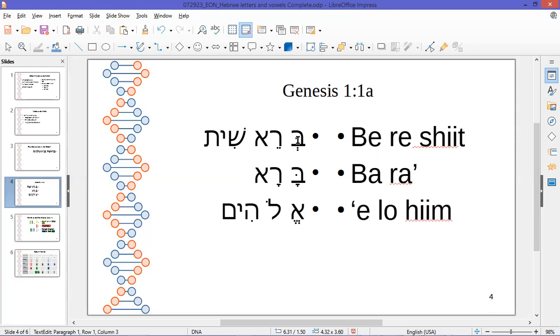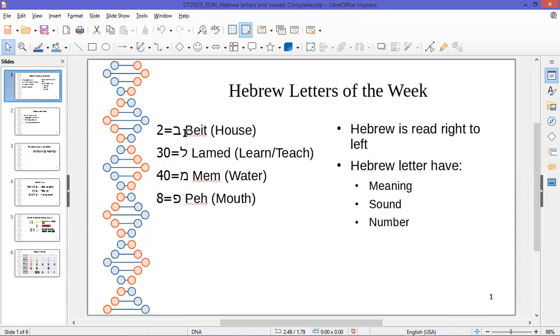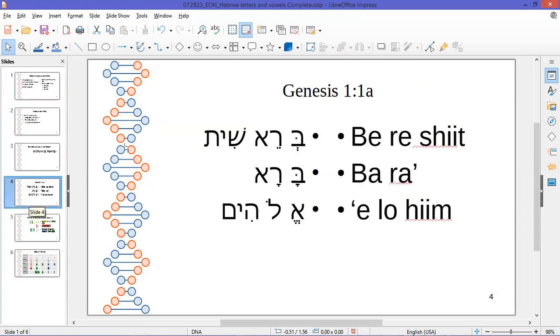So be, re, sheet. Bereshit. So this is B. Remember from this slide right here, its letter is Beit. So that's this sound right here, be.